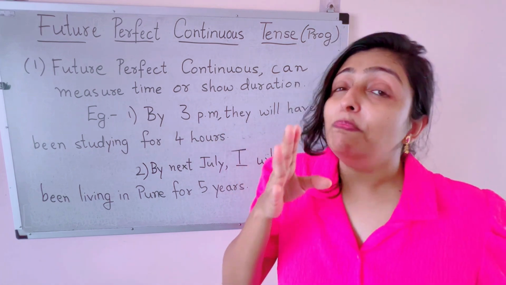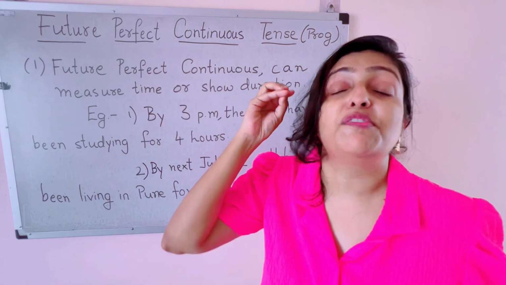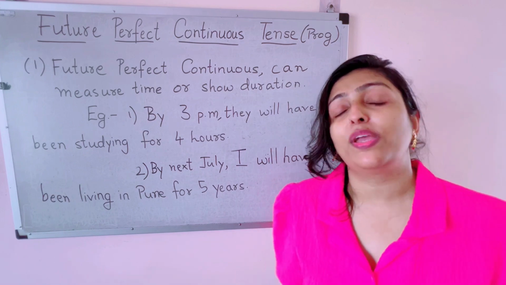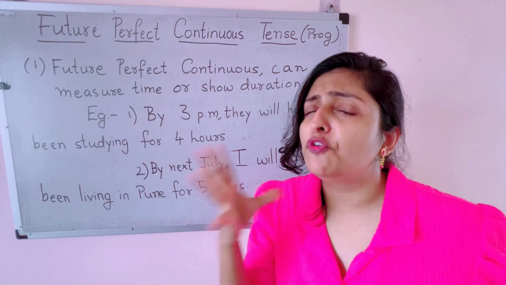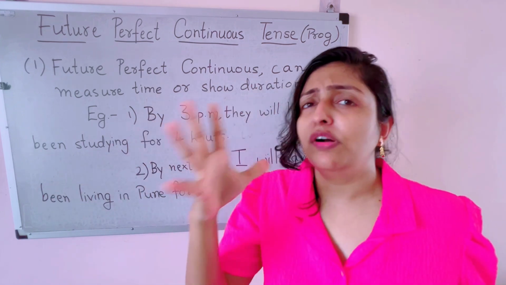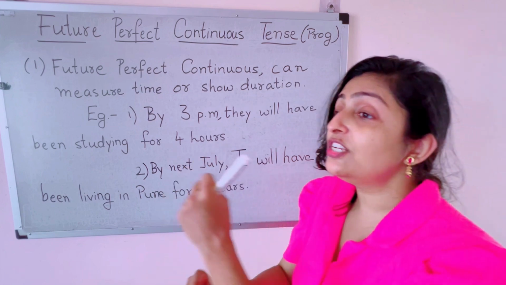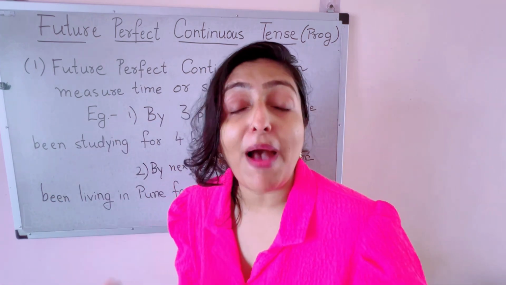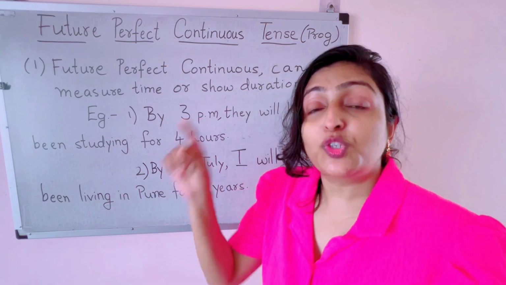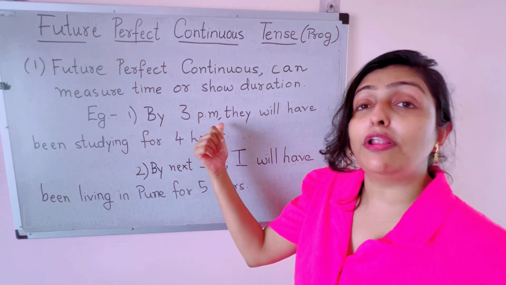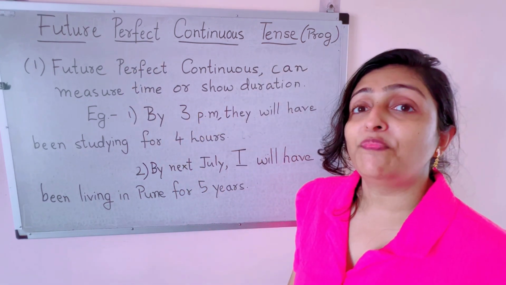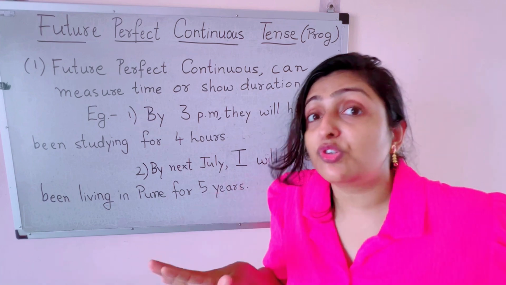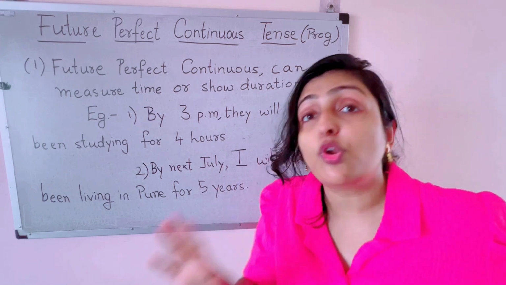Now, let me take you back to those 5 important points which I mentioned a few minutes back. What was the first point? You are going to the future and then you are looking back at the past. That point is fulfilled in this example. 3 p.m. has not yet come. It has not arrived.